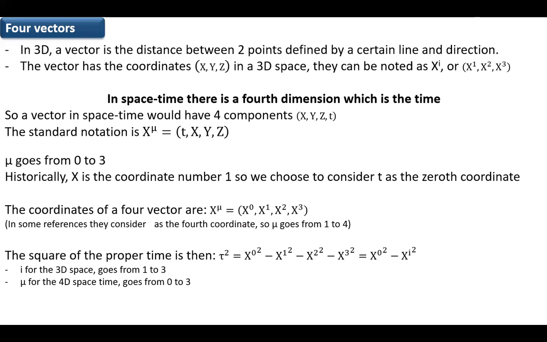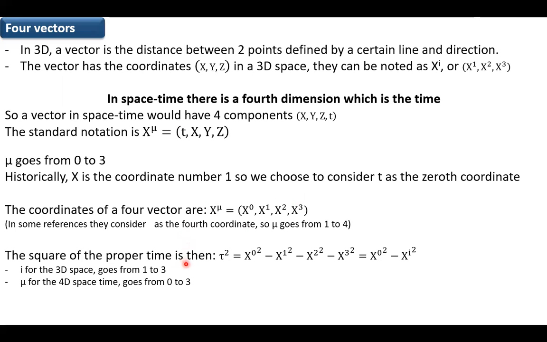Old references use mu as 1 to 4. So x^1 is x and x^4 is t. But I think that now no one uses this notation. So now the standard notation is to go from 0 to 3 as considering time as a zeroth coordinate.